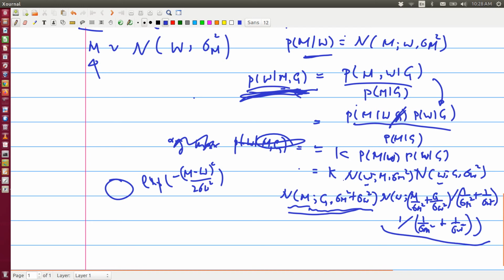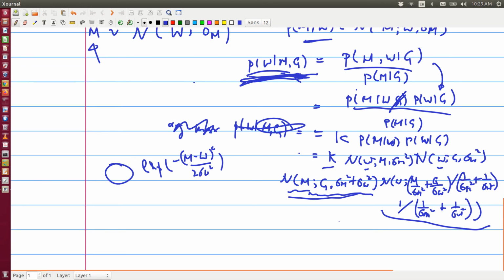That means K should be equal to 1 over this guy. So if K is equal to 1 over this thing here, these two multiplied together equal this guy, and multiplied by this guy, this gets cancelled, so this also normalizes.